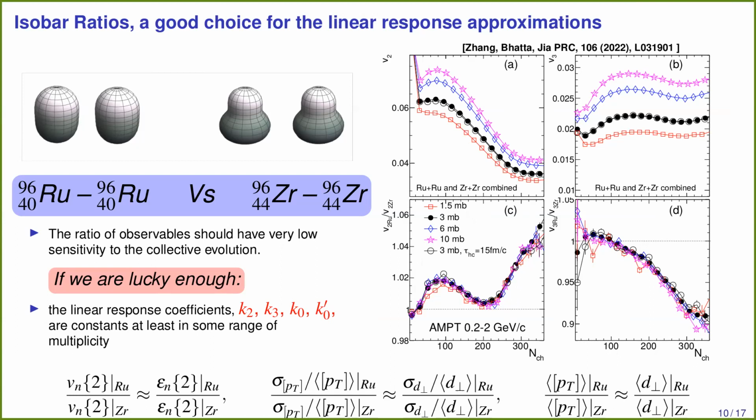And you see that the sensitivity to the shear viscosity, or at least this parameter on cross section, is very low. The dots sit on top of each other. Of course, someone should check other parameters in the collective evolution. But let's say, if you're lucky enough at some points of the parameter space, we can cancel these coefficients.